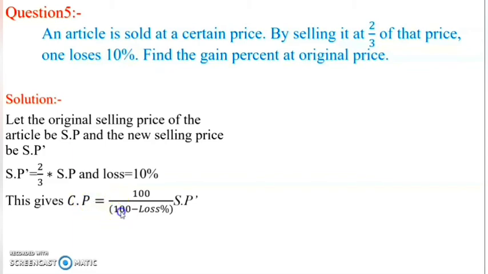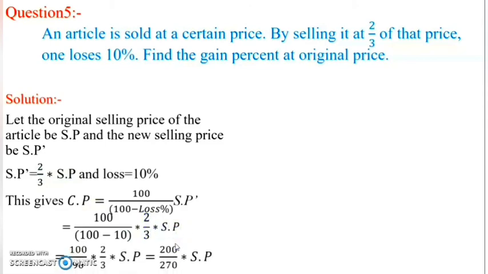So the cost price will be 100 upon 100 minus 10 into SP dash, and SP dash is two-thirds of SP, so this will be 2 upon 3 into SP, which simplifies to 100 upon 90 into 2 upon 3 into SP, which gives 200 upon 270 into SP. So the cost price is nothing but 200 upon 270 into the original selling price.